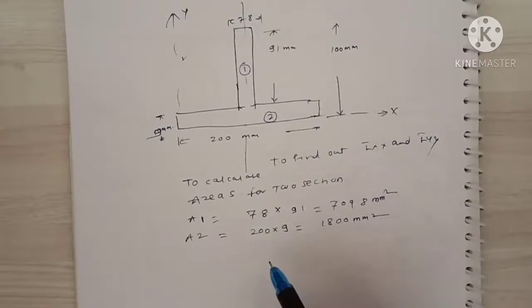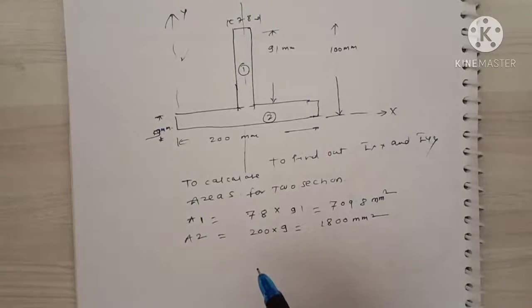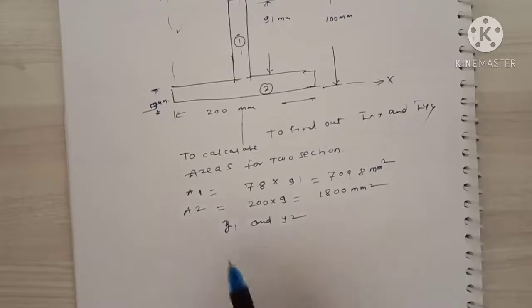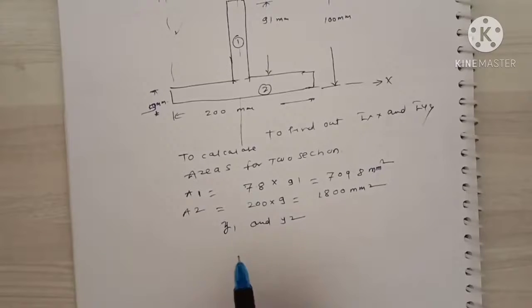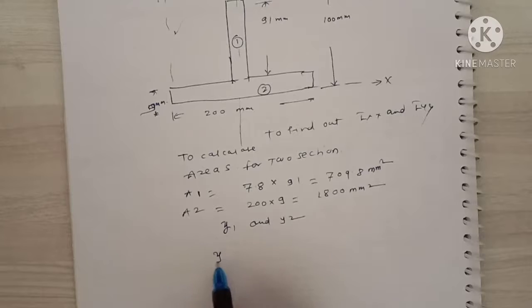Once we calculate the areas for section 1 and 2, then to calculate y1 and y2, we have to find out the values of y1. We take the distance from reference axis x.